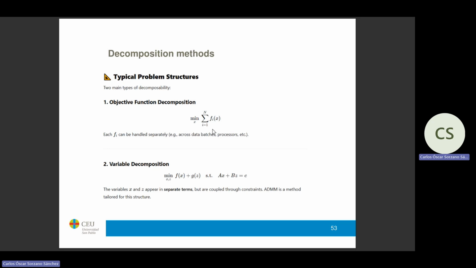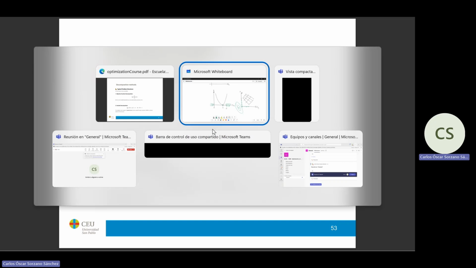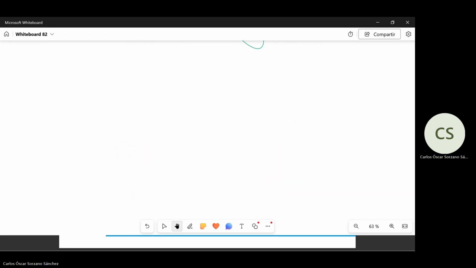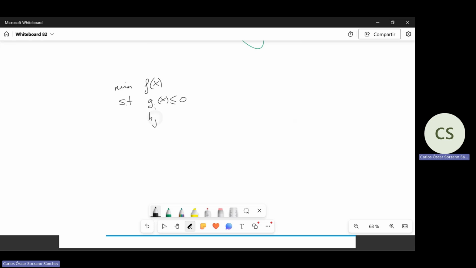So you have seen the structure of the lecture. We started with a problem: minimization of f, subject to a number of constraints smaller than or equal to 0, and a number of constraints equal to 0.